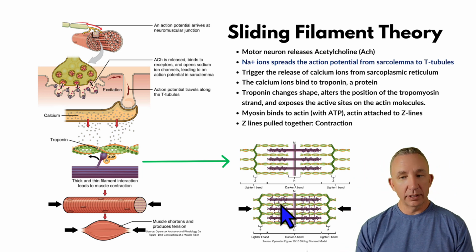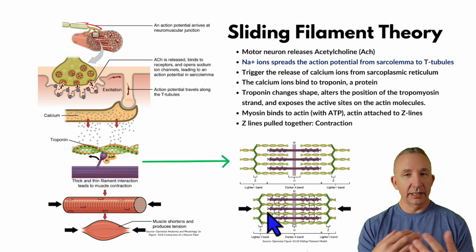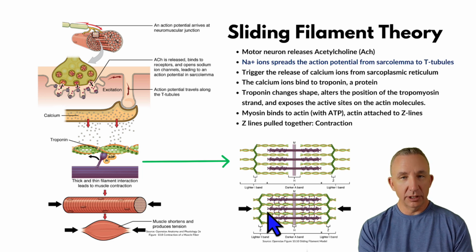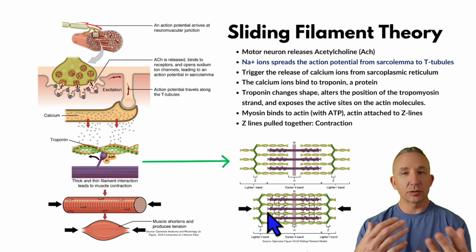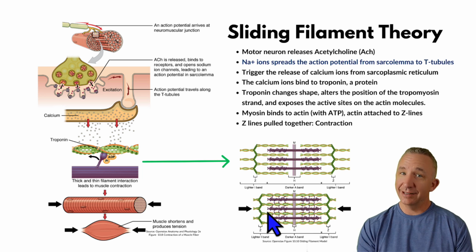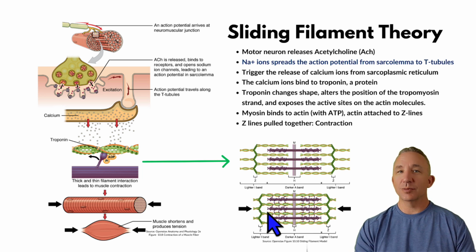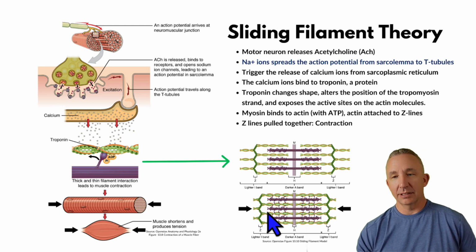And if I shorten one sarcomere, depending on the strength and the neuromuscular junction and all the activities that give me this reaction, as I pull a sarcomere together, I pull the sarcomeres that are being shortened within a myofibril. I shorten the myofibrils, I shorten the cell, and then I shorten all the fascicles, which then shortens all the muscle. So it's important to understand the makeup of the organism first.